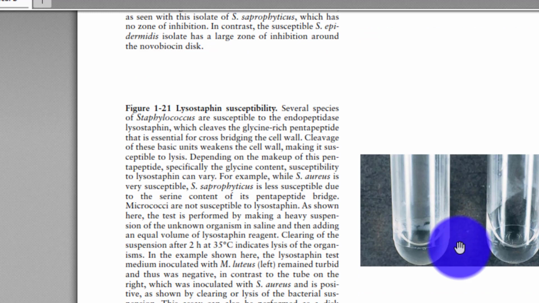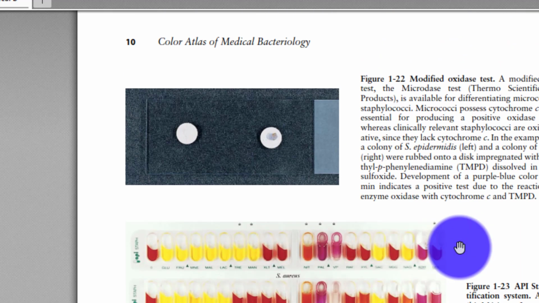Lysostaphin susceptibility. Several species of Staphylococcus are susceptible to the endopeptidase lysostaphin, which cleaves a glycine-rich pentapeptide that is essential for cross-bridging the cell wall.